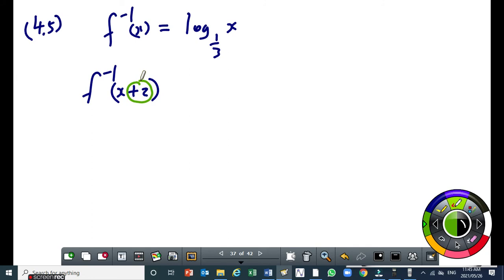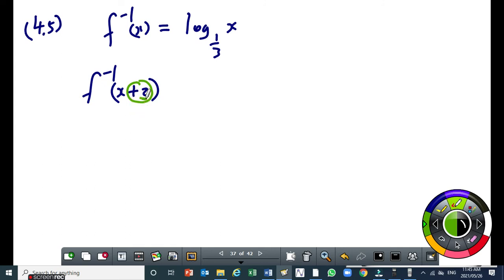It shifted 2 units to the right. 2 units to the right or to the left? To the right. If you've got a binomial in brackets like this, the constant here, 2, represents horizontal shift.